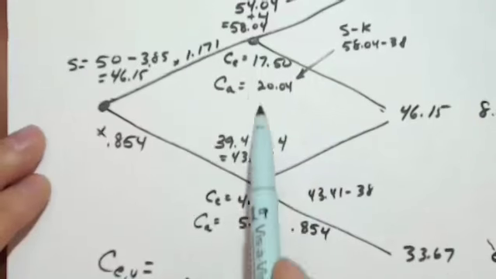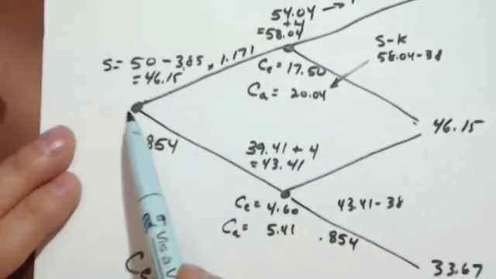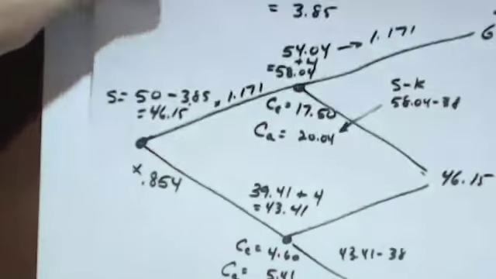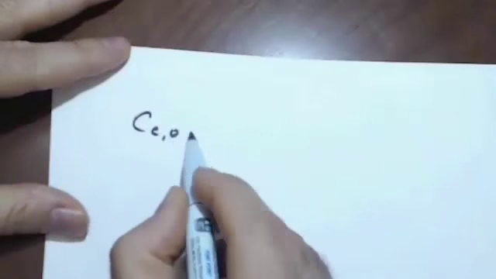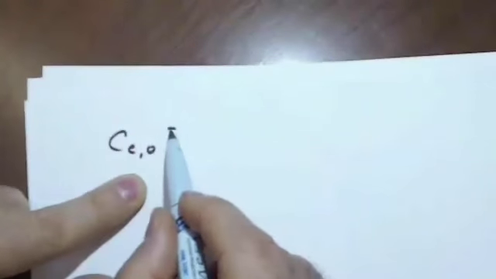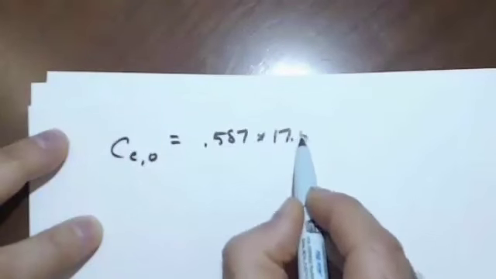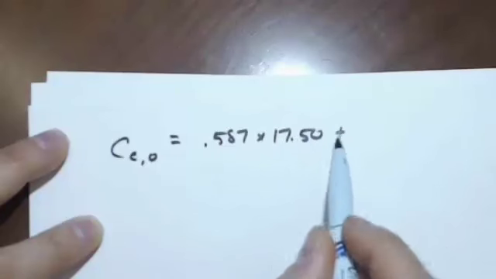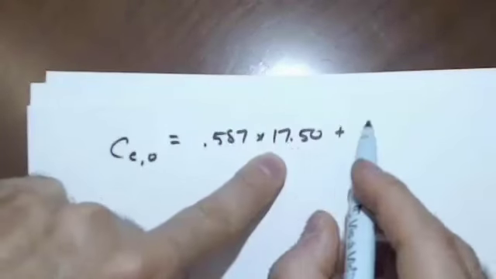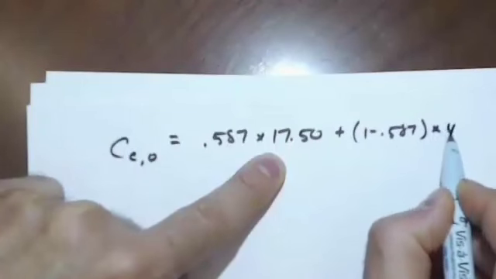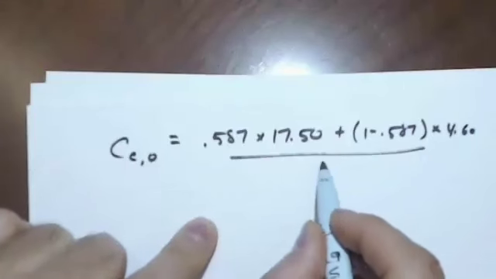So now we're going to back up and do the exact same calculation at node 1. You do the calculation here, and we are going to find that the call for a European at the 0 node is going to be worth... So I'm going to probability weight the value of the European call, discount it back.